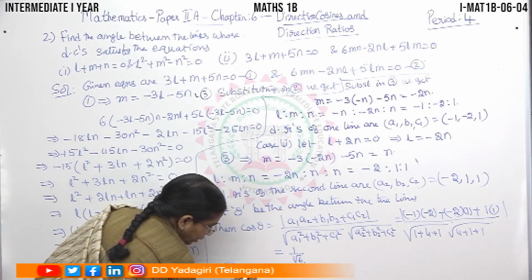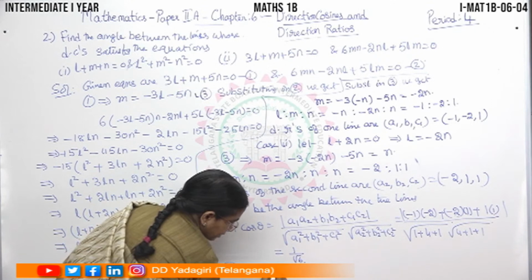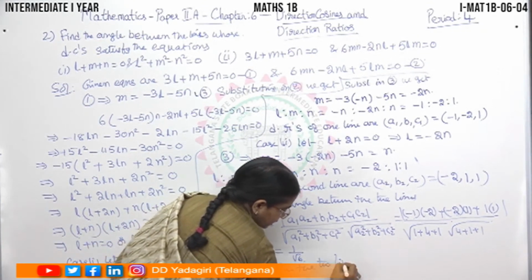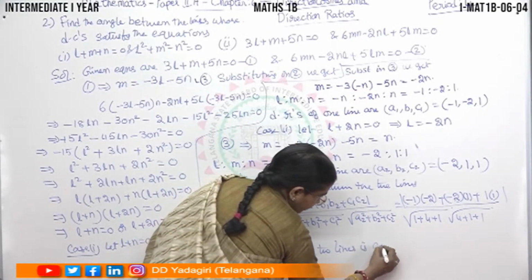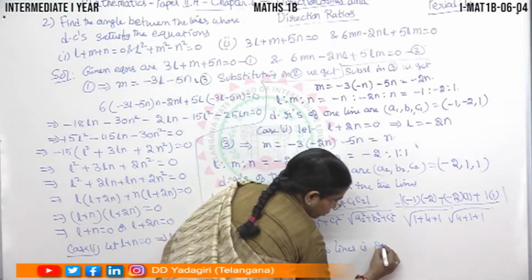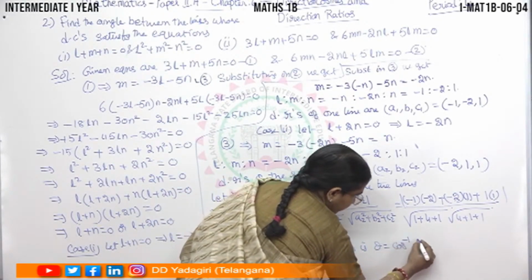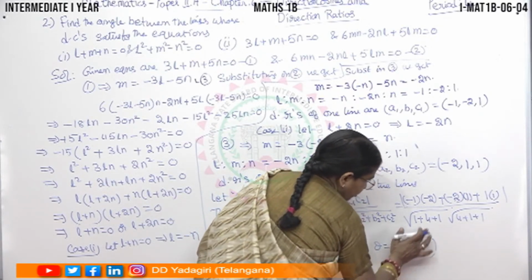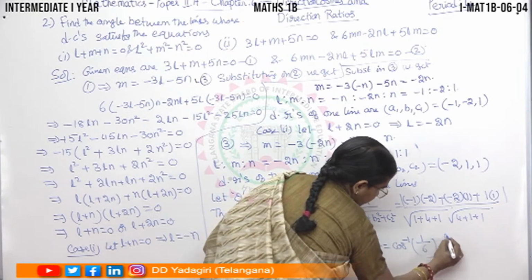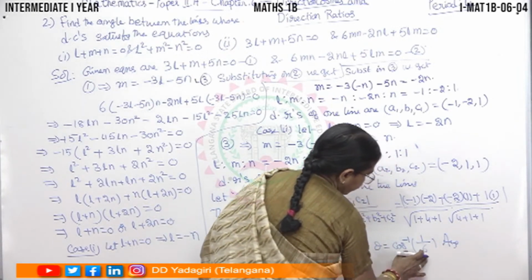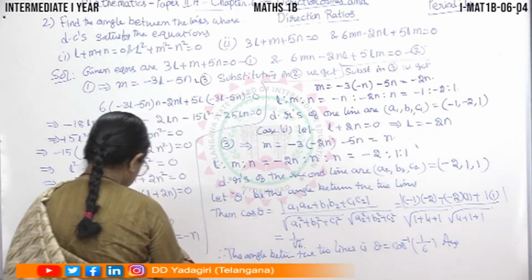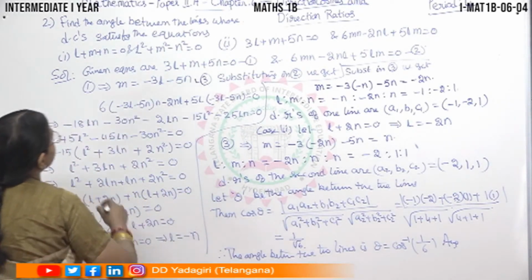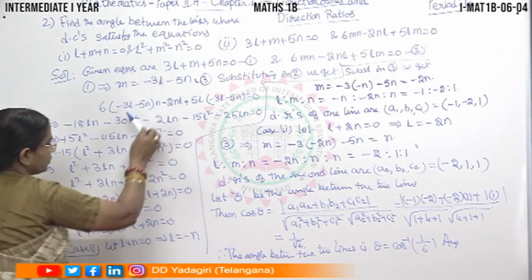Therefore, the angle between the two lines is theta is equal to cos inverse of 1 by root 6. Root 6 into root 6 is 6, so it is 1 by 6. That is the answer: cos inverse of 1 by 6.